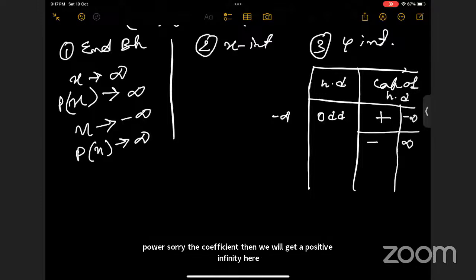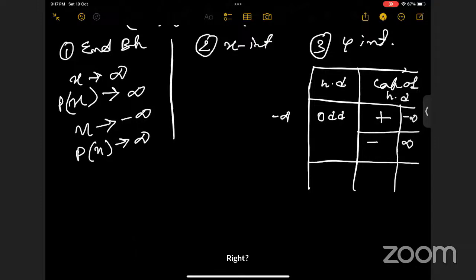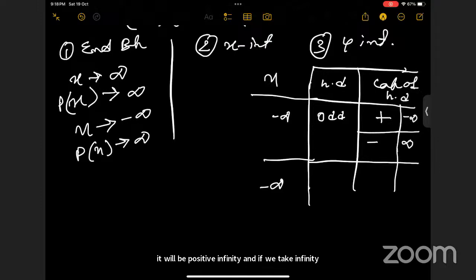So we have these two possibilities only. For odd degree, the coefficient may be positive or negative. If it is positive, then it will be minus infinity, and if it is negative, then it will be positive infinity.